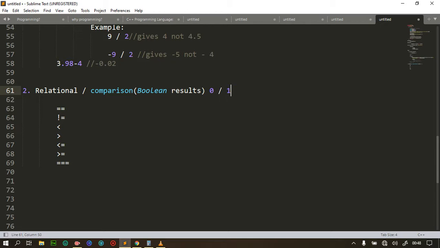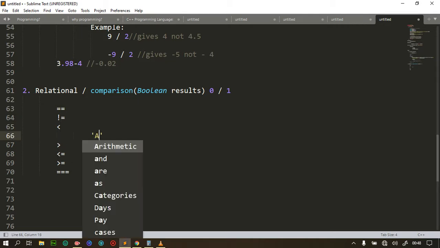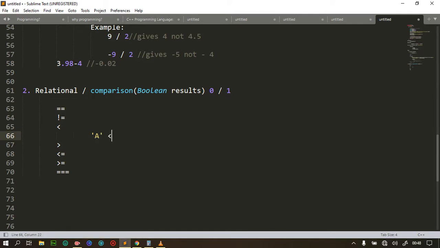For example, if I wanted to use a less than, I can ask if A is less than F. So automatically this gives a what?